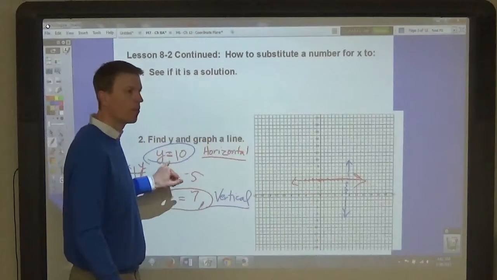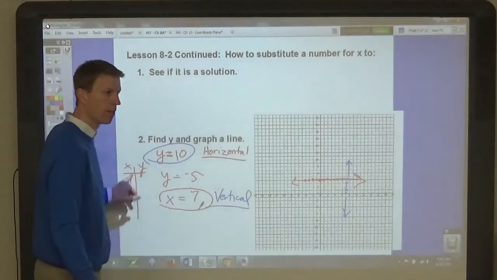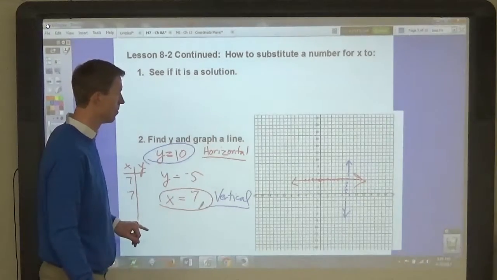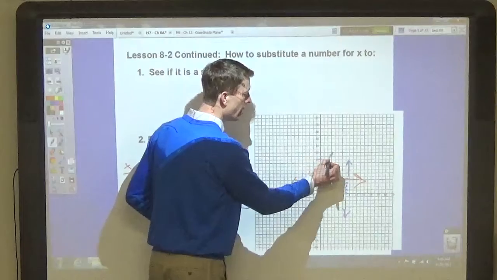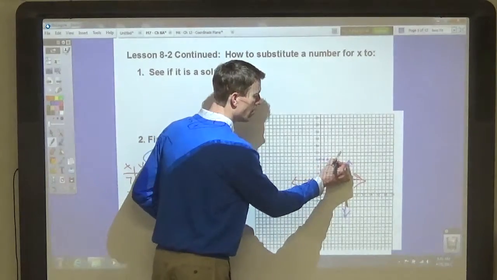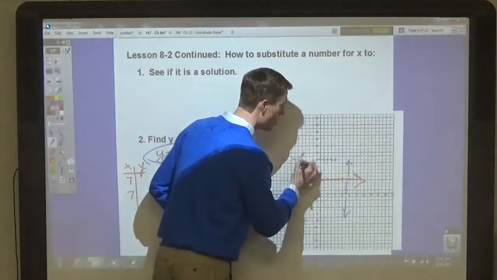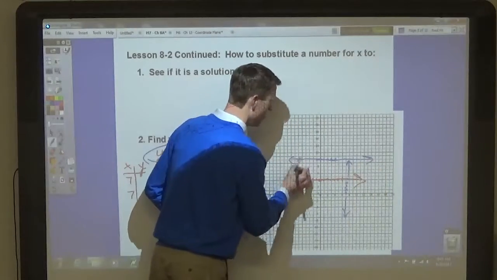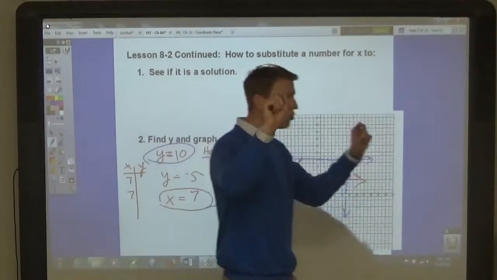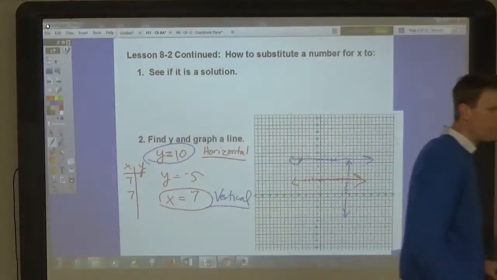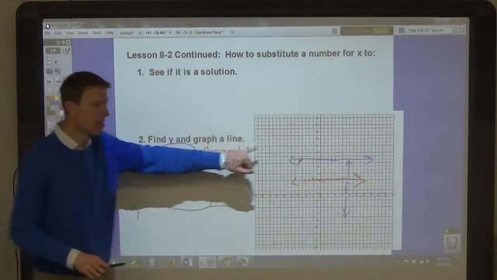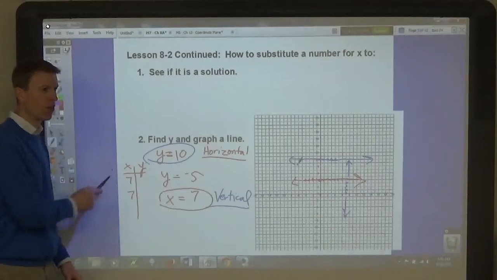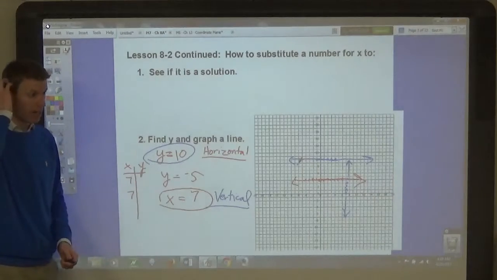You need dots from the ordered pairs. Yeah, but y equals 10 doesn't give you that many dots, does it? Y equals 10 gives you an infinite number of dots because you can draw a line connecting any 2 dots, but you need to find the specific points based on the ordered pairs that you find. Okay?